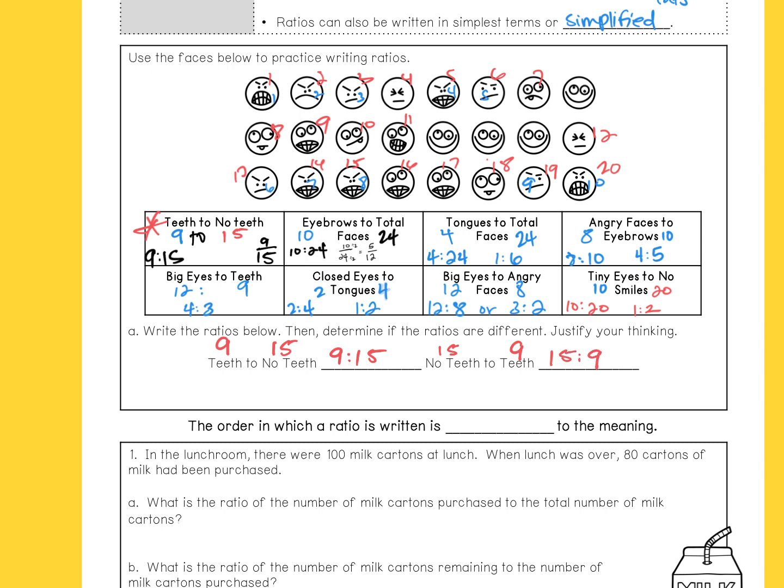So now when we look at these, are they the same or are they different? They are different, and they're different because the order is not the same.